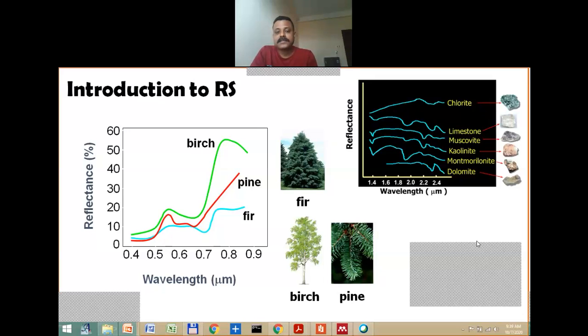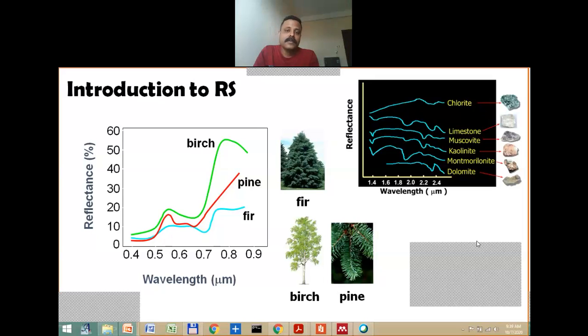Reflectance, as I said in the previous slide, is the percentage or amount of energy reflected from a particular object or surface. And on the x-axis, you are plotting the corresponding wavelength which contributes to that reflectance.